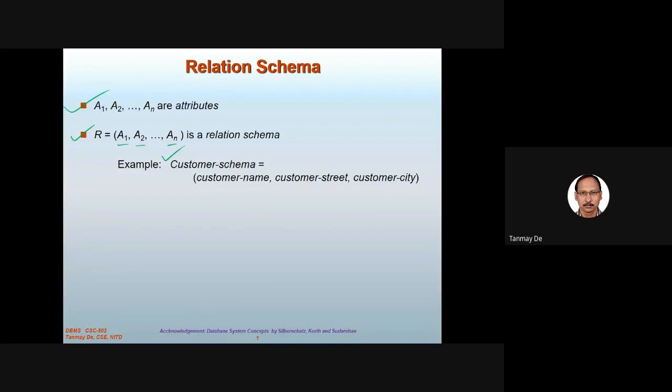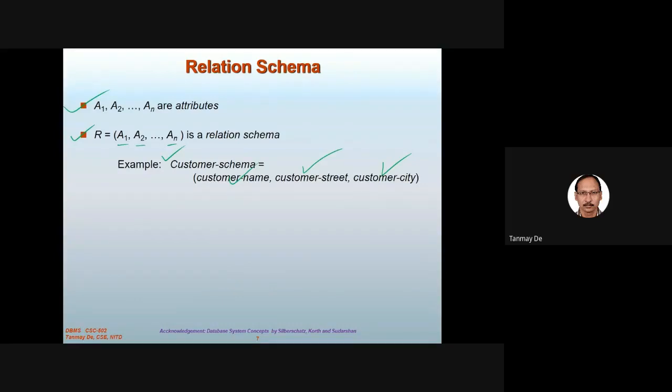So at a particular time, the customer schema consists of information about different customers: customer name, customer street, and customer city. This set of information is called the instance of the customer schema.